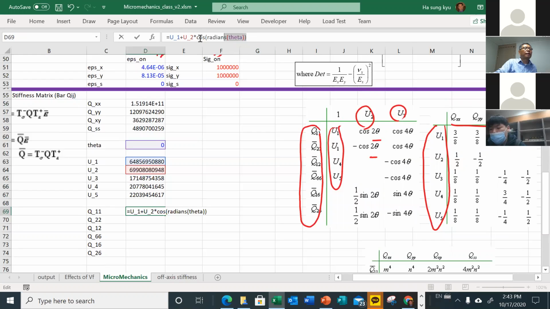And then there is U3 and cosine of 4 theta, and there is a 2 times, right? Okay.